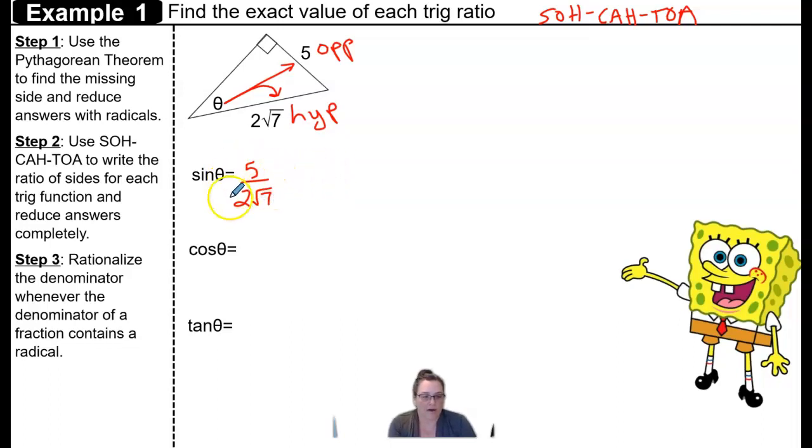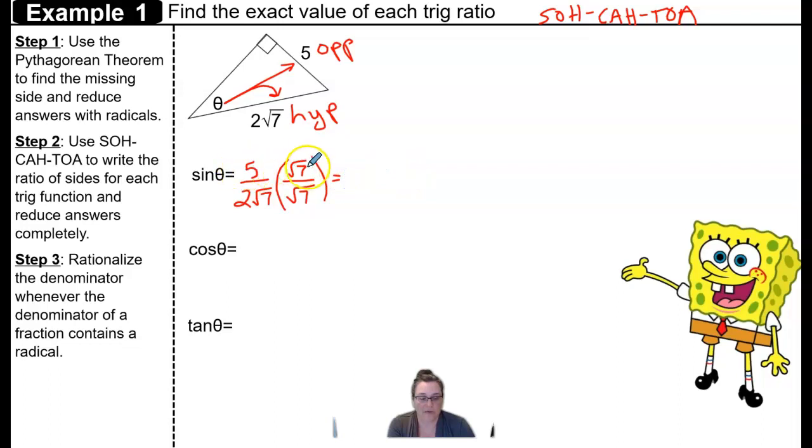Now, recall from Algebra 2 that we can't leave a square root in the denominator of a fraction. It's not considered simplified until we rationalize that denominator. So to get the square root of 7 out of the denominator, we're going to multiply the numerator and denominator by that radical.